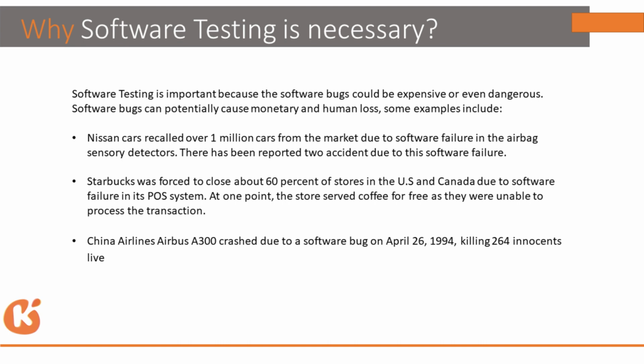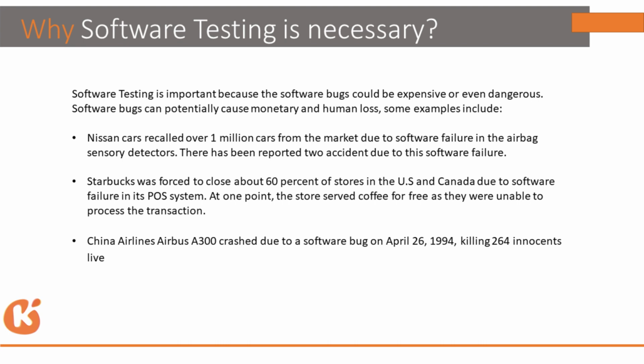We have a couple of examples where bugs can lead to human losses as well, such as Nissan recalling over 1 million cars from the market due to software failure in the airbag sensor detectors. There were 2 accidents reported due to this software failure, right? So these were a few examples where a bug can lead to human losses as well as financial losses.